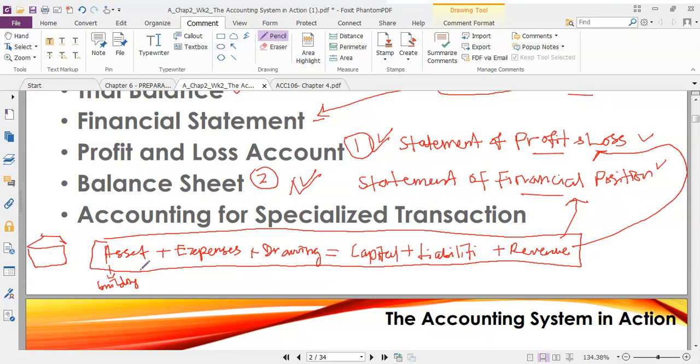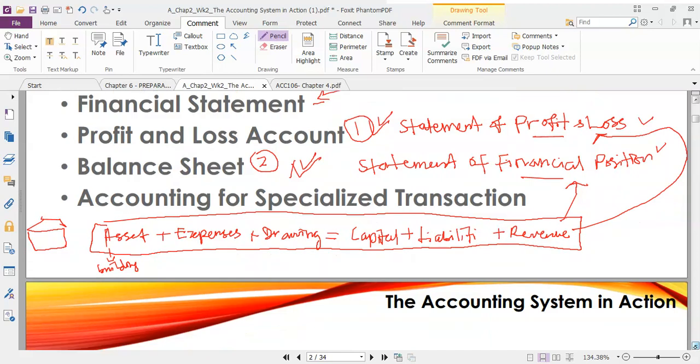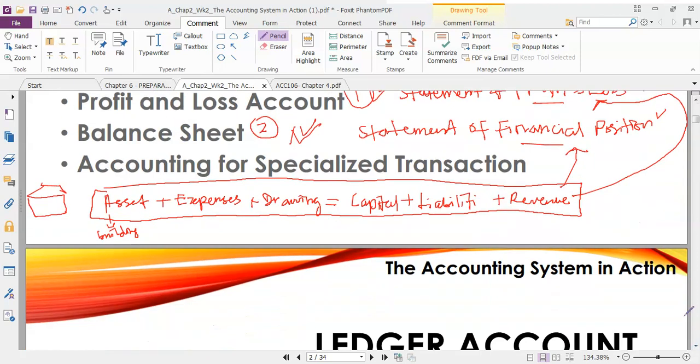Okay, itu adalah asset. Okay, so kalau expenses pula, expenses tu apa? Siapa ingat? What is expenses? Justin, ingat tak? What is expenses? Can't remember.